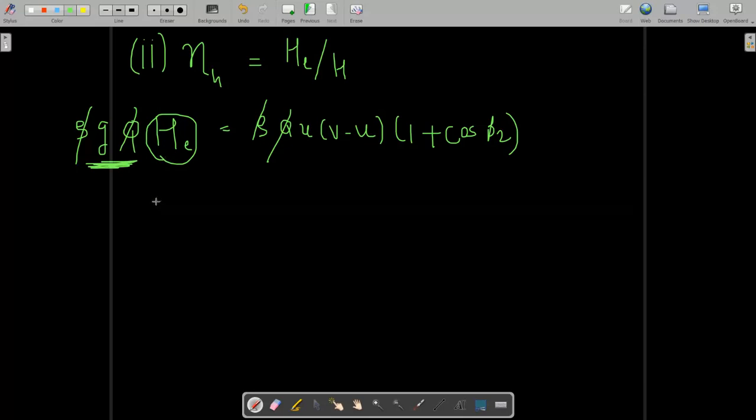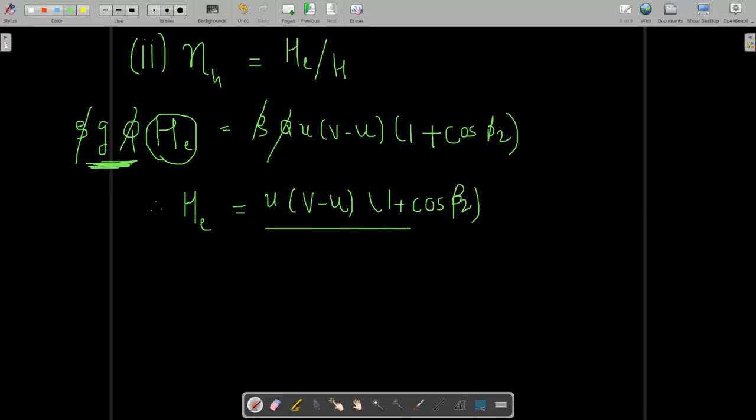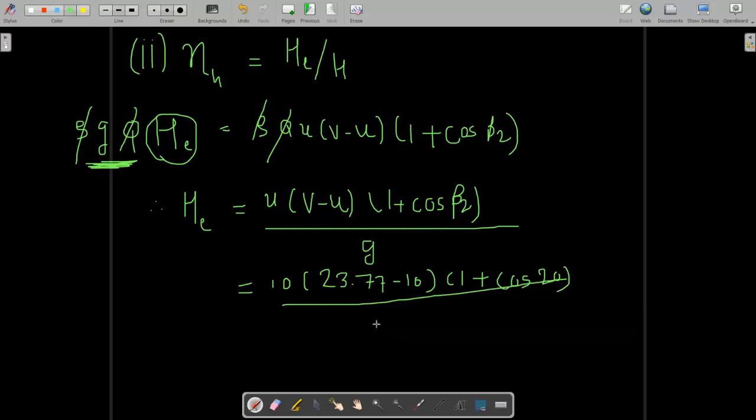So the Euler's head, or you can say the actual effective head, is given by U into (V minus U) into (1 plus cos beta 2) divided by G. So put all these values: U we have 10 meter per second, V is 23.77 minus 10 meter per second, 1 plus cos beta 2, that means cos 20 degree, divided by G, G that is 9.81.